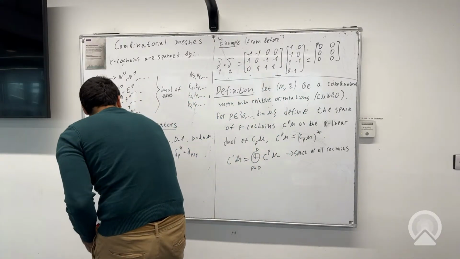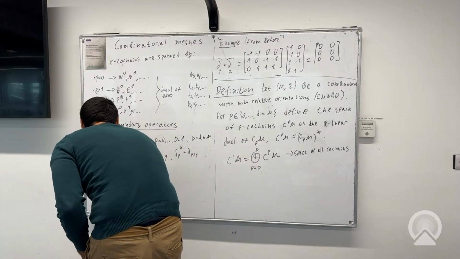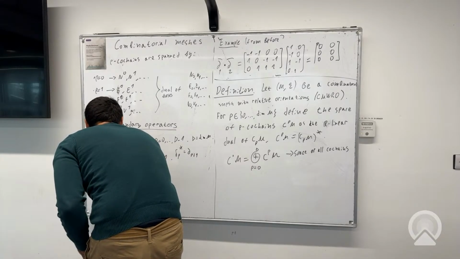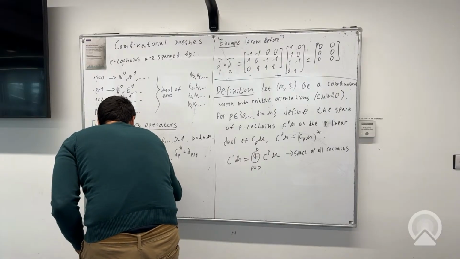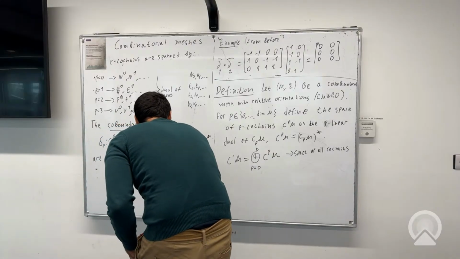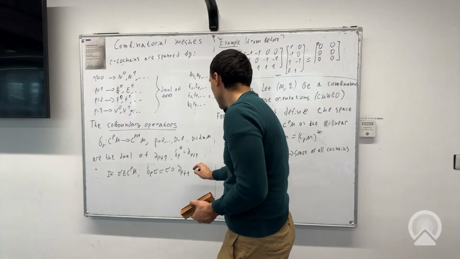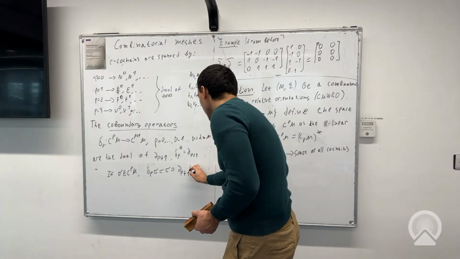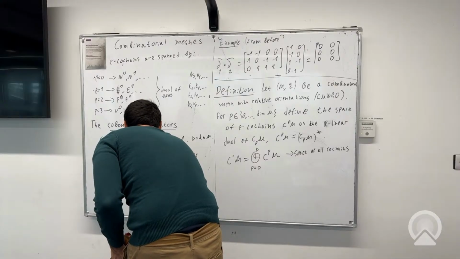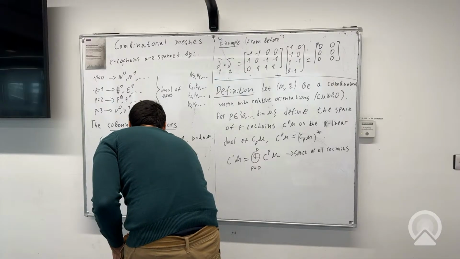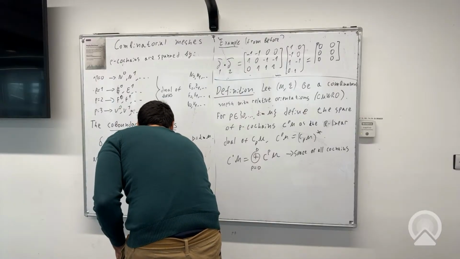What does that mean? Let me recall. If sigma is a p-cochain, then delta_p of sigma is sigma composed with d_{p+1}. And this is a linear function on C_{p+1}(M), a linear function on the cell space.